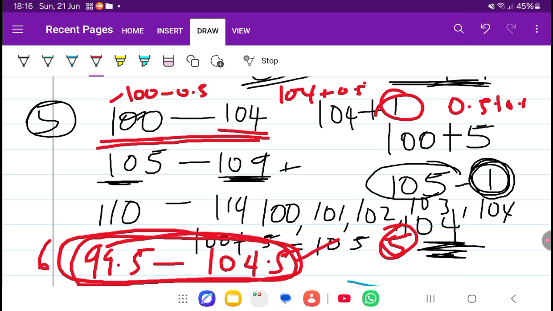You take the upper minus the lower. But if you want to use these classes, the class limit, you always take either the lower of the class and then the lower of the preceding class. You get 105 minus 100, that will give you 5.